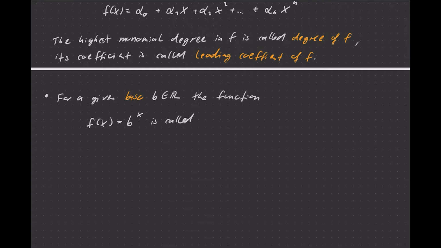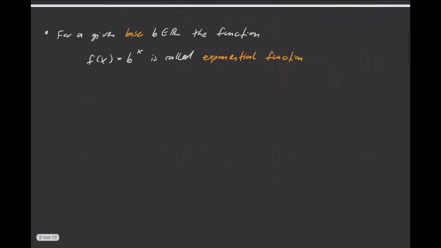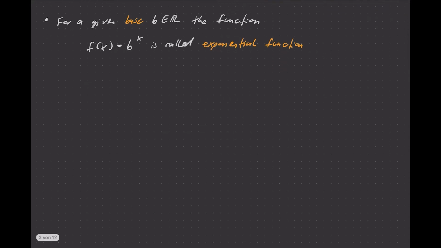That is called an exponential function. Basically, what you need to know about exponential functions is a number of rules for how you can do computations with those. So we'll just list some of those rules.